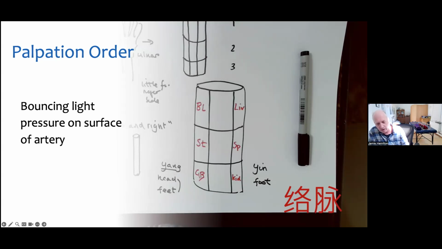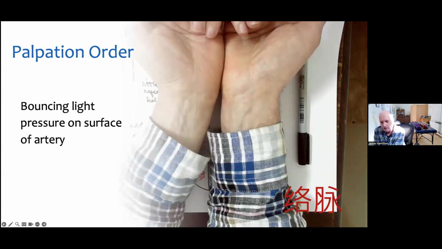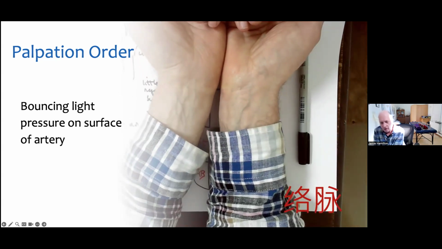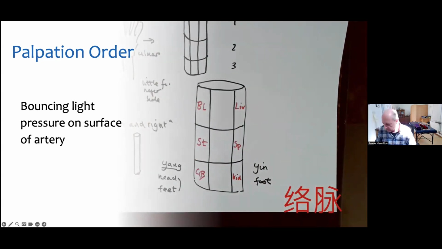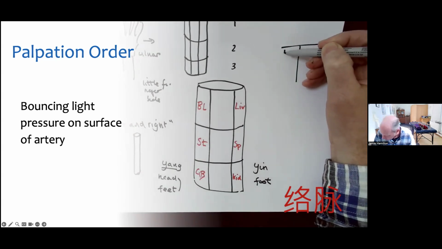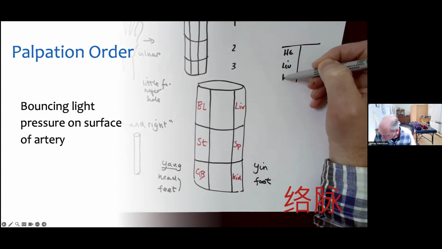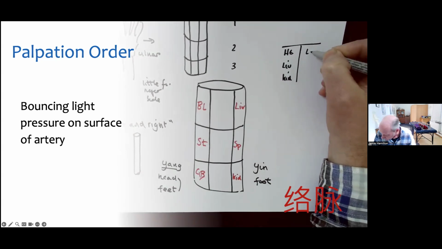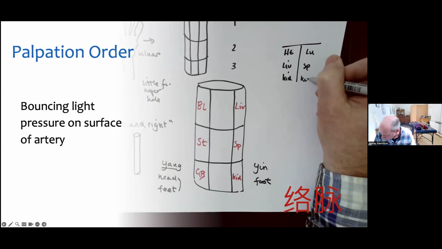So in other words, this 6-position system that we know with the normal six things. So heart, liver, kidney, lung, spleen, kidney again.